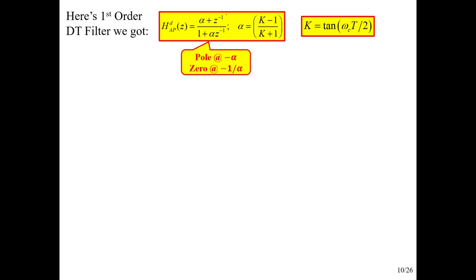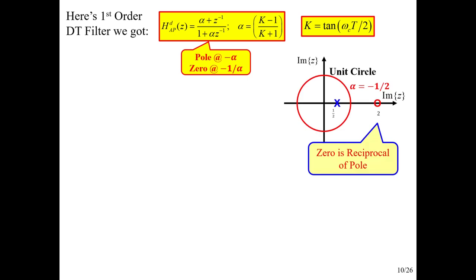Remember, if we're finding poles and zeros by hand, it's best to convert that to z form. So I would multiply top and bottom by z in this case, and then find the roots of the numerator and the roots of the denominator. So if we choose alpha equal to minus a half, that's what our pole zero diagram is going to look like.